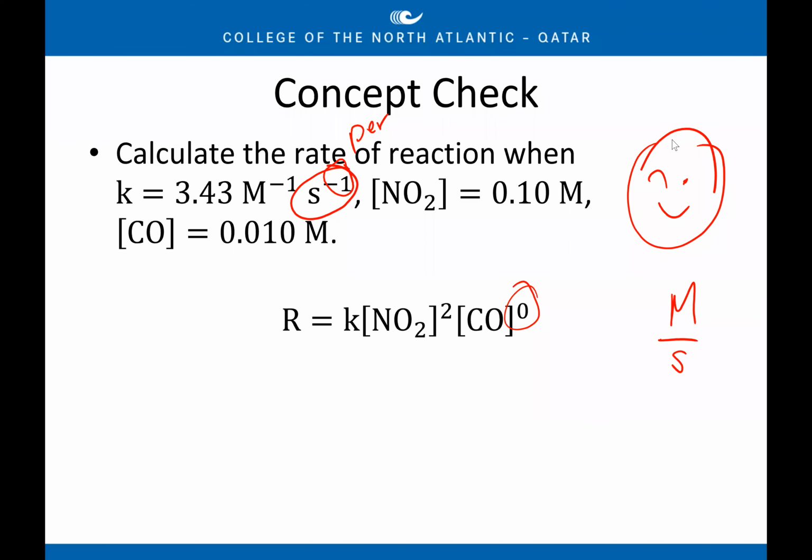The second question, and now I regret closing the chat screen, from Abdul Halim is, for CO, we don't take it in the calculation because the power is 0. Yes. So there's 2 ways to approach this. 1, you could just eliminate it. Or 2, you could put it into your calculator, and your calculator will eliminate it for you.